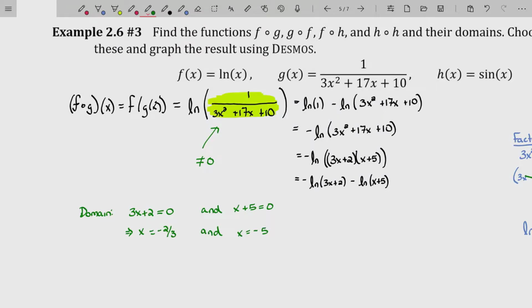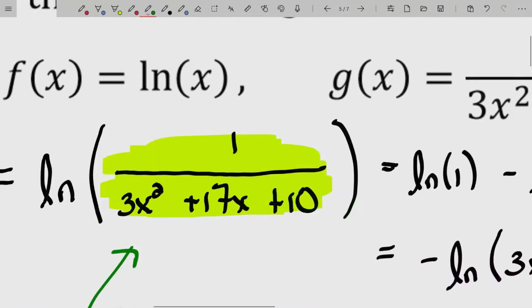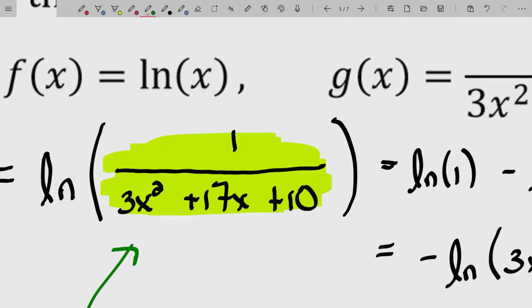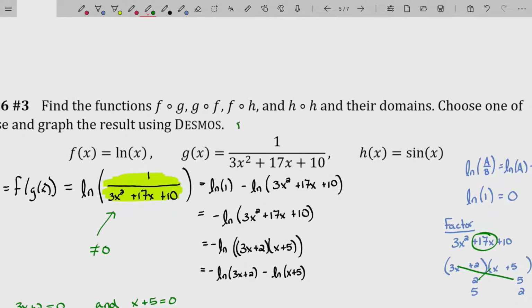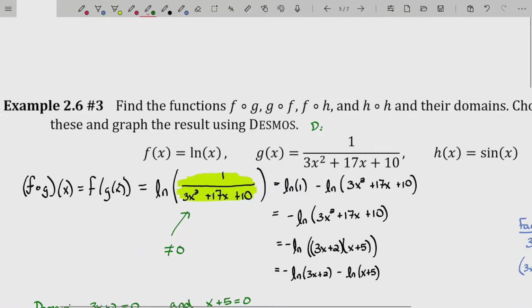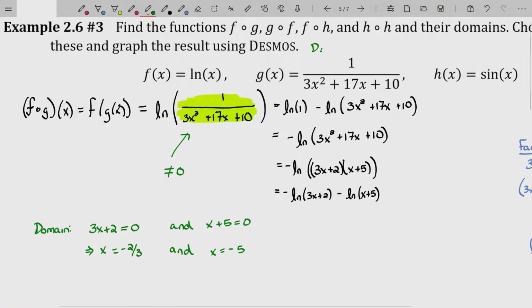So that's with that yellow highlighted function. That's the domain of g. And in fact, it might be nice to write that up above g here. So the domain of g is all x not equal to negative 2/3 or negative 5.